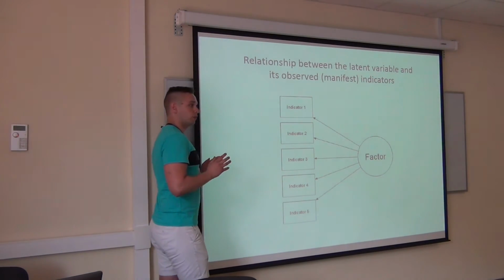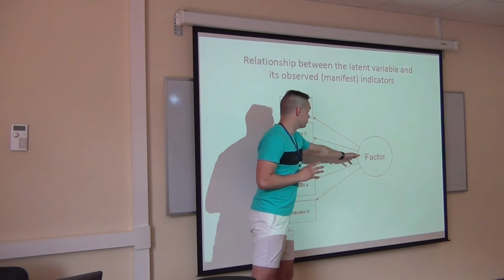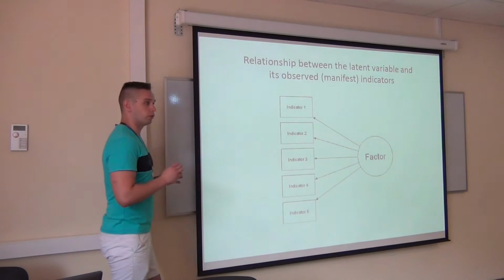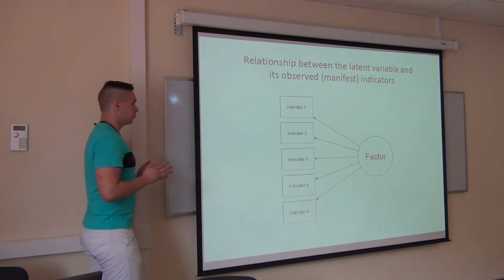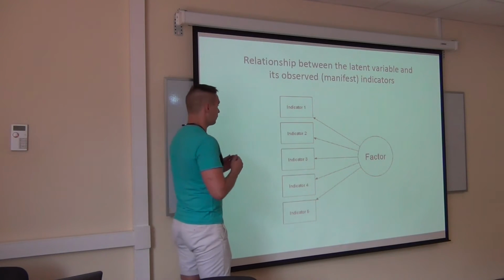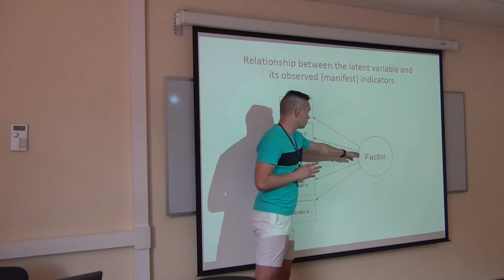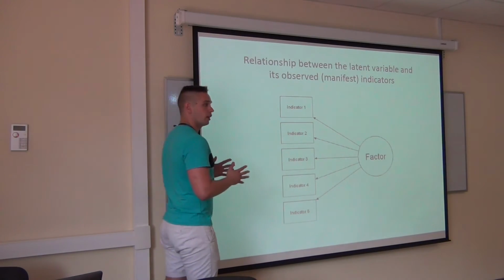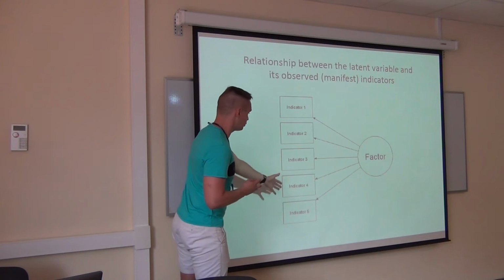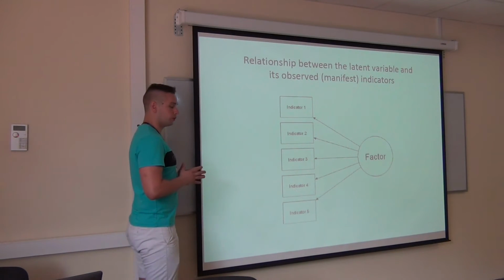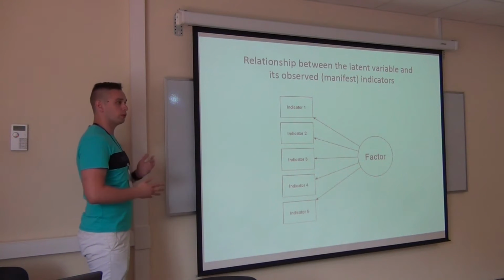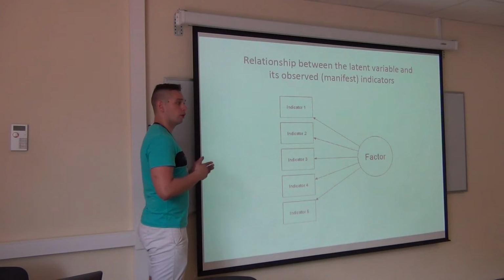What is essential is that the latent variable is a cause of variation in observed variables. Actually, it's not always the case. We can imagine another situation when actually the latent variable, the unobserved construct, can be affected by variation in observed indicators. So that's a basic difference which is useful to distinguish between latent variable modeling and, for example, formative constructs.